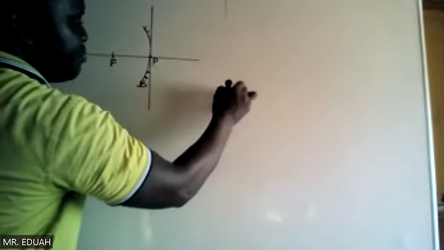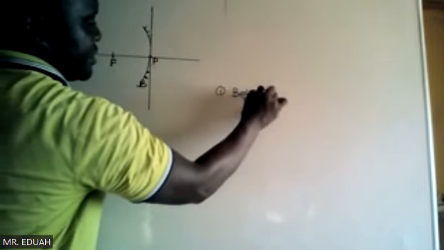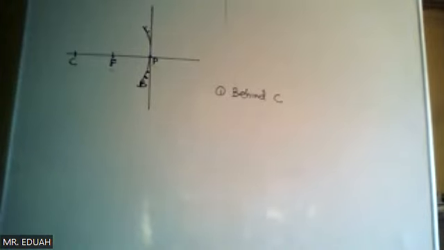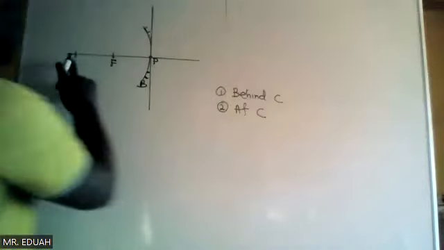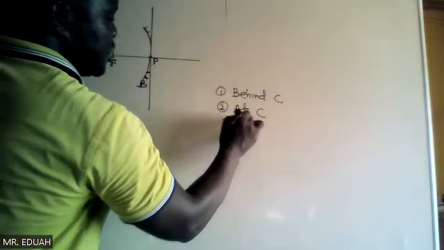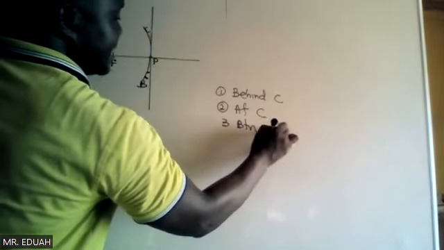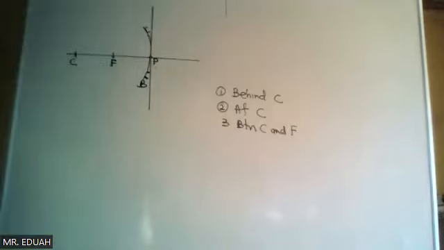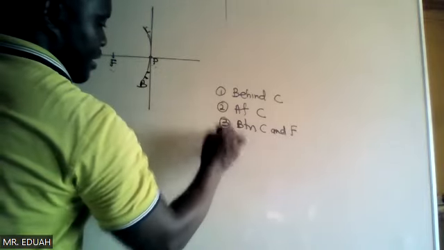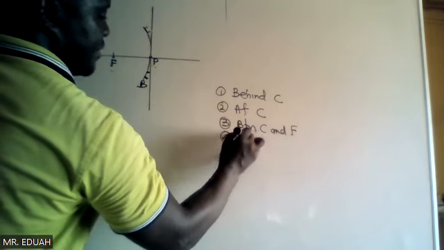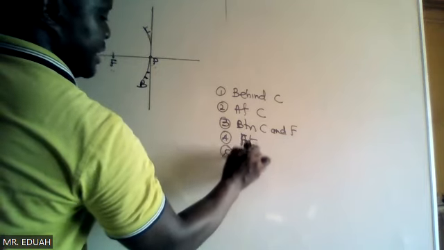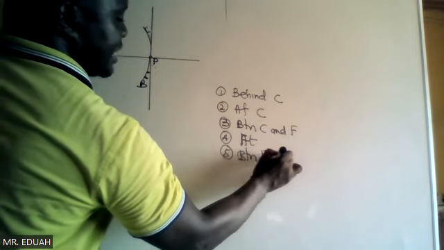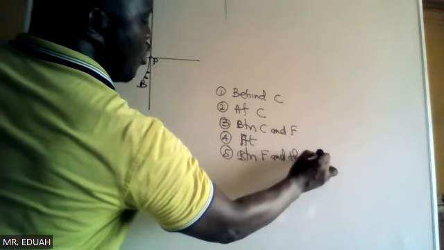The object can be placed anywhere. 1, behind C. 2, at C. 3, between C and F. 4, at F. And 5, between F and the pole.